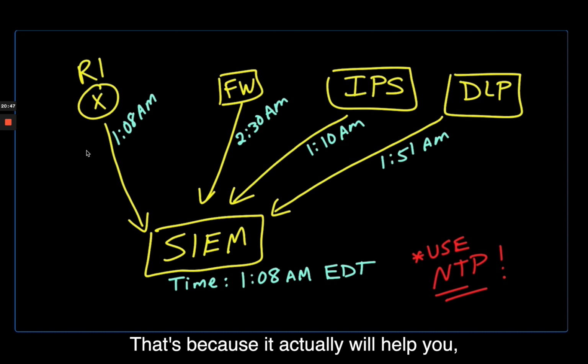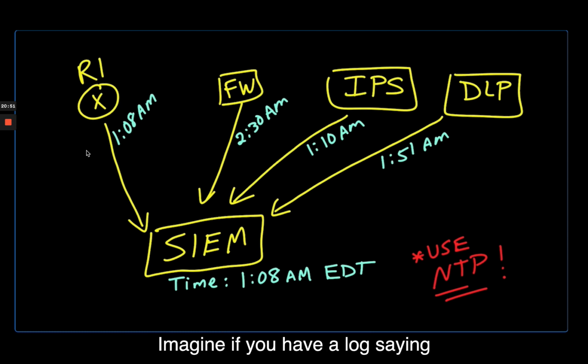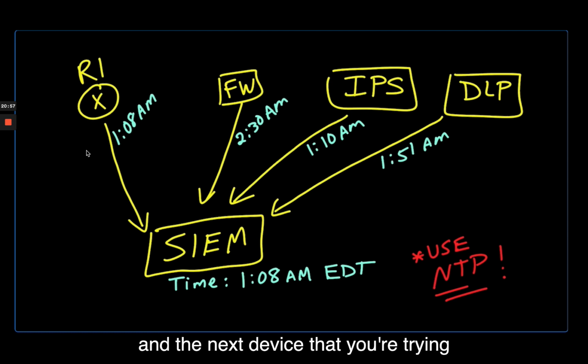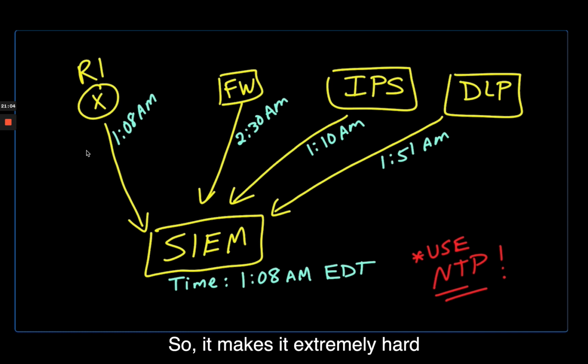That's because it will help you, of course, correlate the information. Imagine if you have a log saying that it's 2 o'clock in the morning and something malicious was happening, and the next device that you're trying to correlate the information from says that no, it's 3 o'clock in the morning. So it makes it extremely hard, if not impossible, for you to be able to correlate and protect your network.